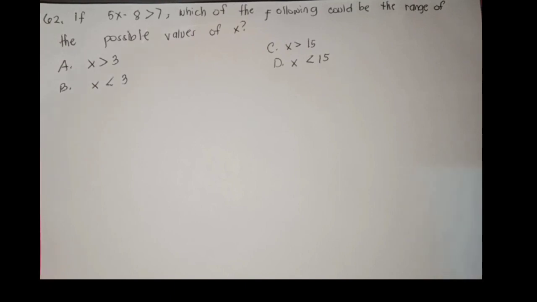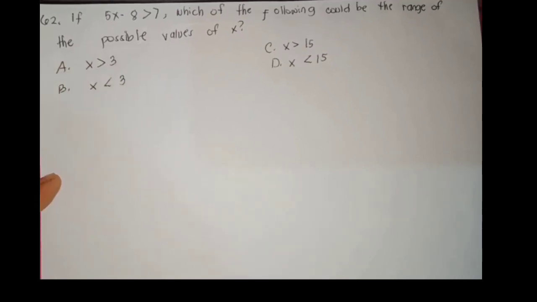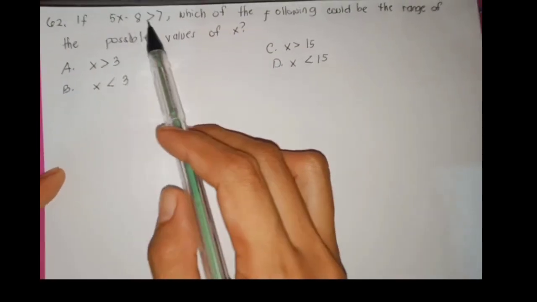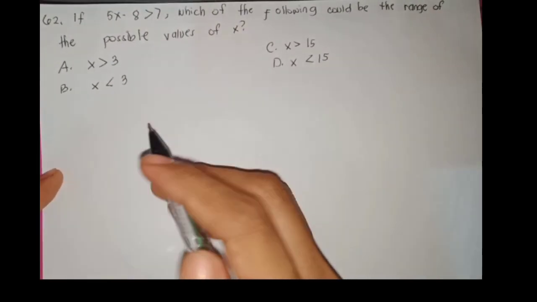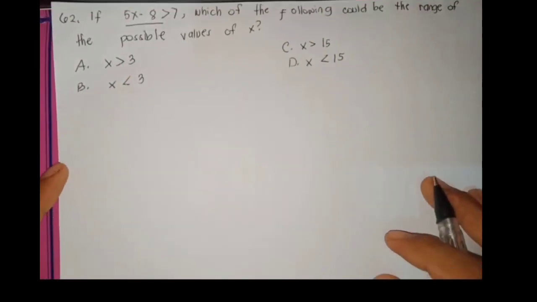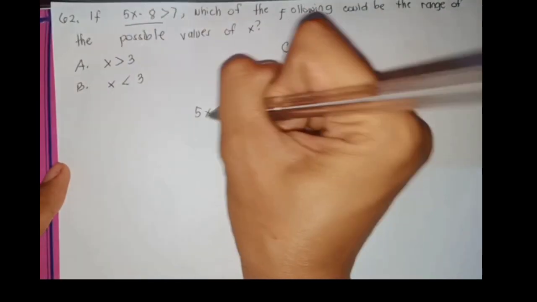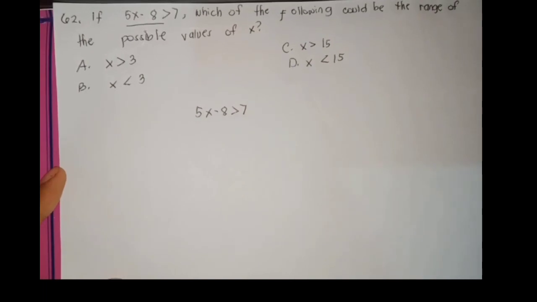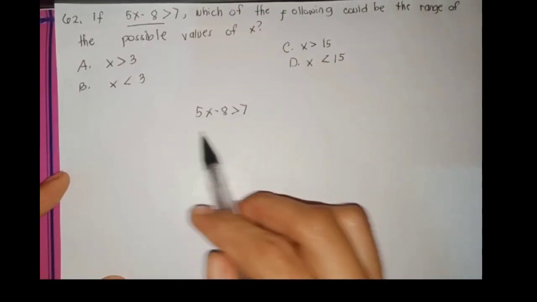Okay, our next question is, if 5x minus 8 is greater than 7, which of the following could be the range of the possible values of x? In this, we will just simply solve our inequality to find the range of the possible values of x. So we have 5x minus 8 greater than 7. Then simplify this inequality.